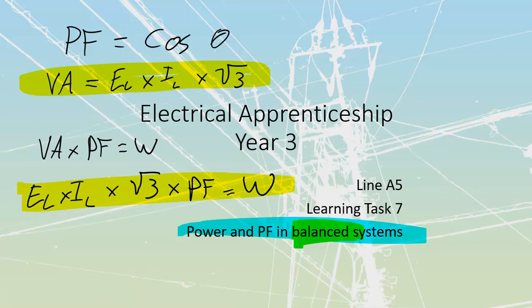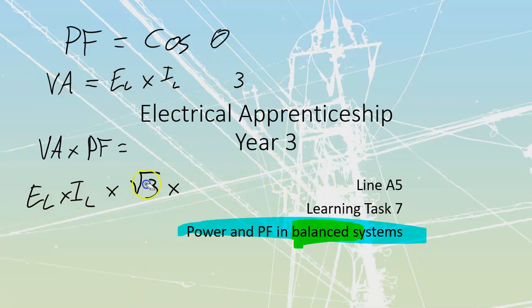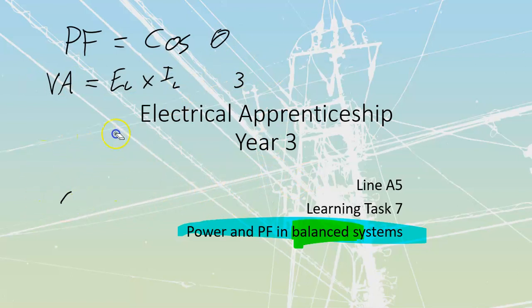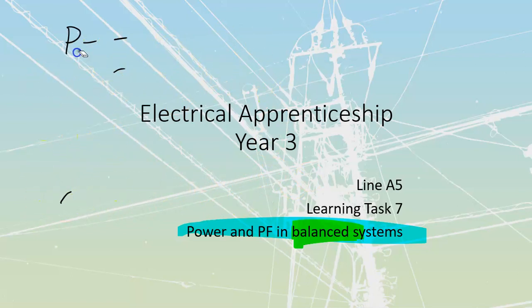VA is just going to be your E line times I line times root 3. After that, they give you a couple of problems for you to put together over here. So let's take a look at some of these problems, and we will go through what they are asking. Just erase this, and we will go straight to problem number 1.